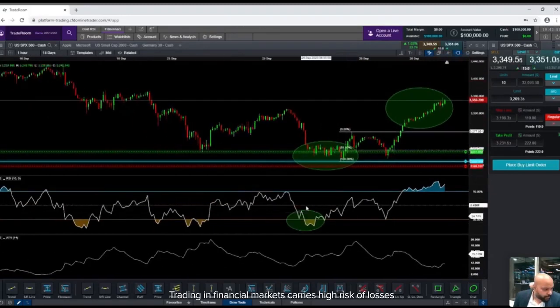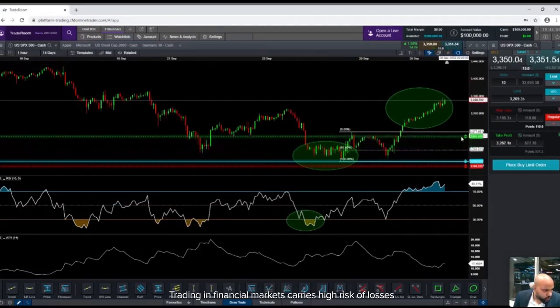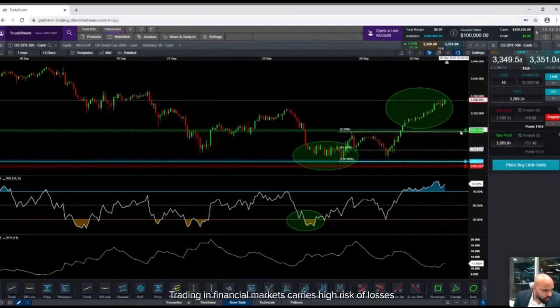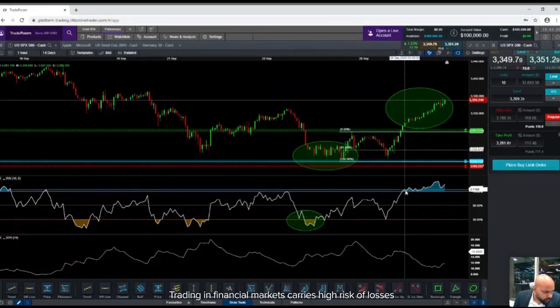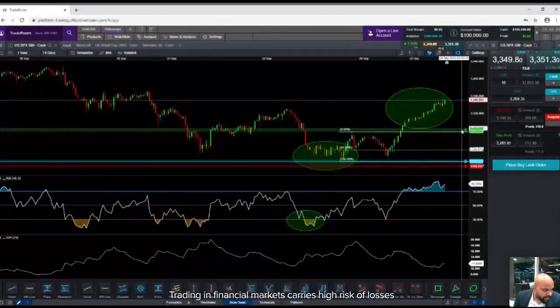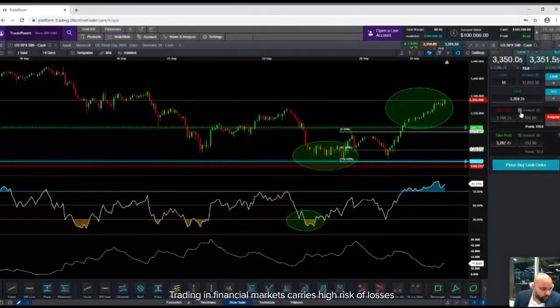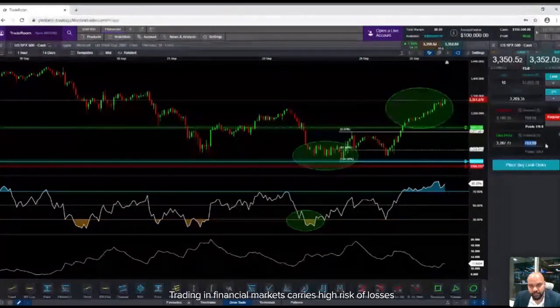But if I follow my indication on RSI and wait to book my profit till it goes to overbought, I could always wait till it reaches the overbought region, and this is where it had gone to overbought, somewhere here. And this could be your ideal profit and loss. So you risked about $110, but you gained about $783.